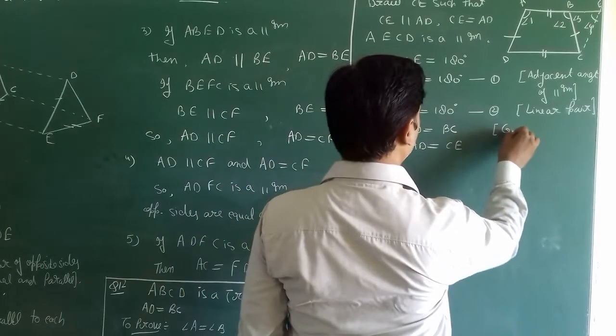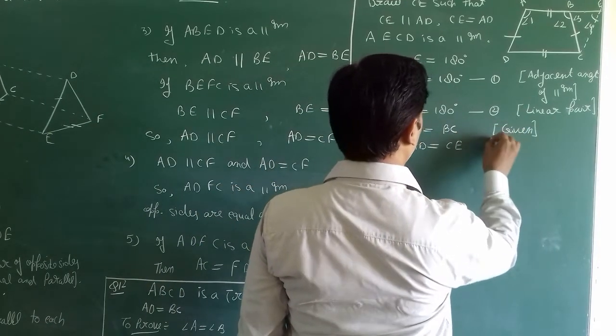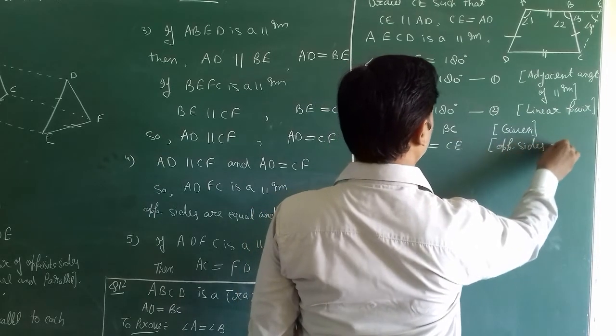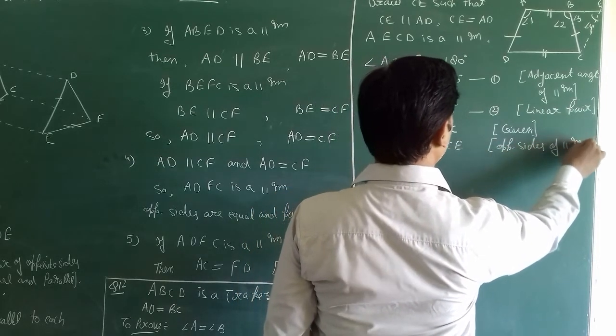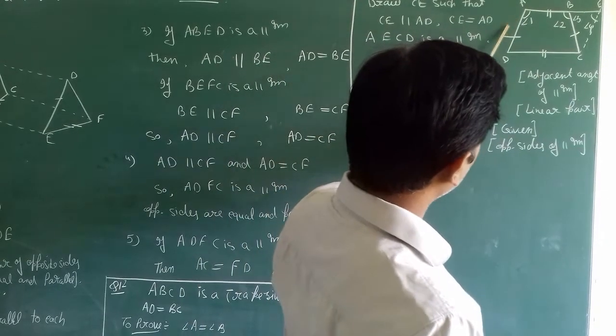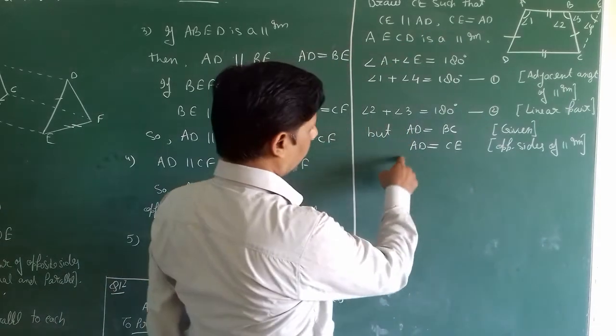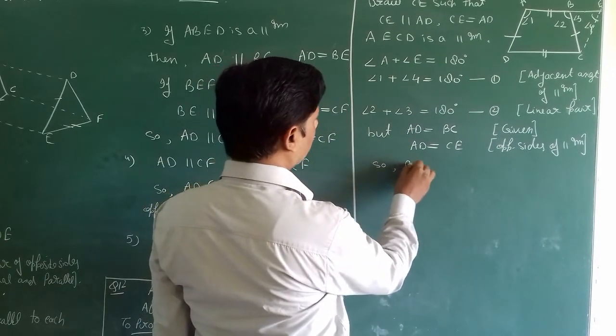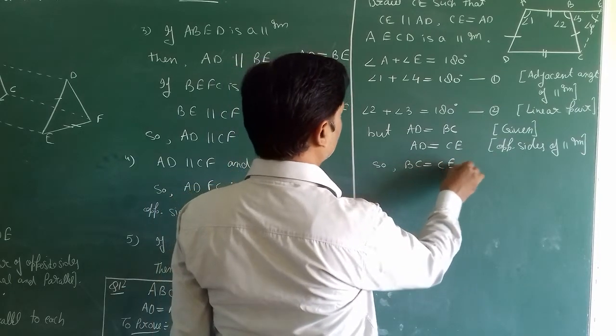This is given, and this is opposite sides of a parallelogram. So if this side is equal to this and this is equal to this, by comparing these two, we can write here BC is equal to CE.